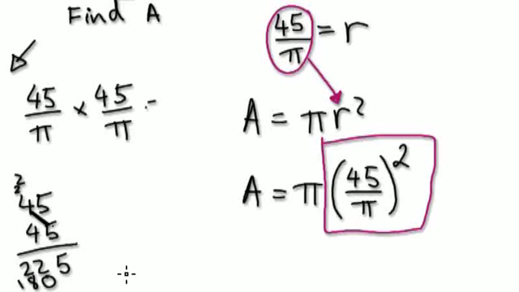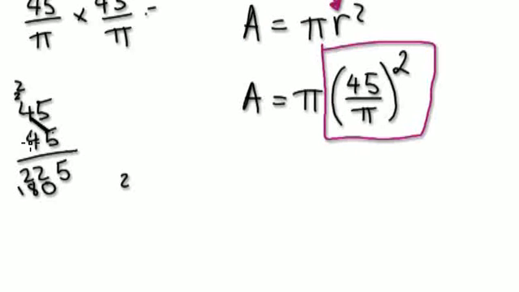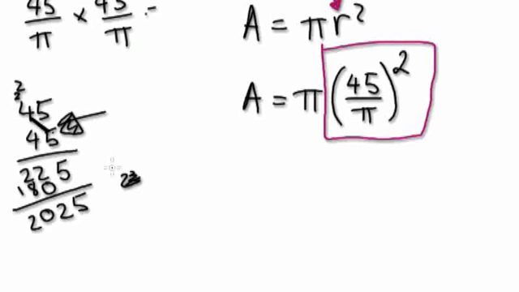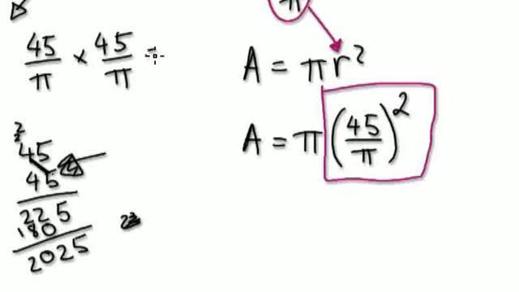Hang on, sorry. So it would be 2, 0, 2, 5. Use your own technique, whatever technique you want to use. So top times top is 2025 over pi squared.